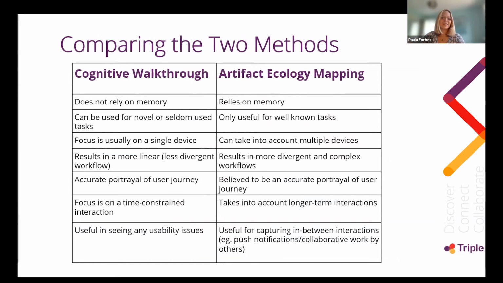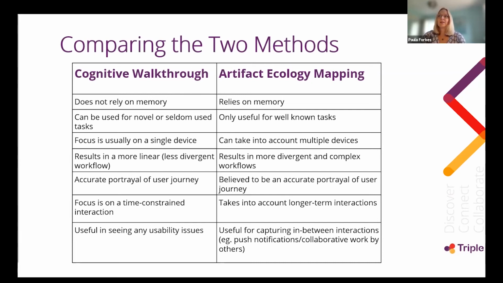So we're just going to summarize the two methods. We found that the methods were quite complementary, but they did tend to work slightly differently. They had pros and cons, each one of them. The cognitive walkthrough didn't rely on the researcher's memory, because they are actually doing the process there and then, so it's not having to rely on recall of the activity.